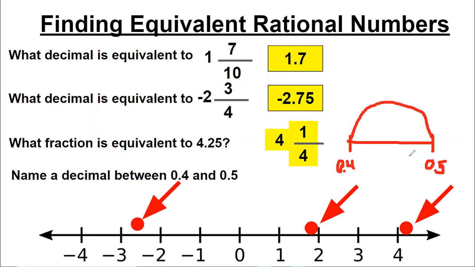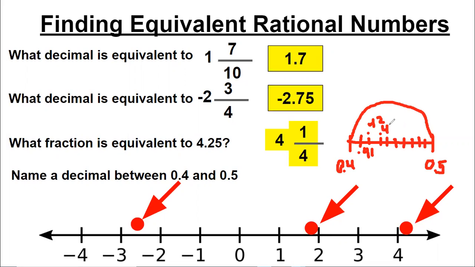Could we do this one as 0.41? And couldn't we divide this into 10 parts again? But they'd be really small and hard to do. And then the first one would be 0.41. This one would be 0.42. That would fit in between there. This one would be 0.43.